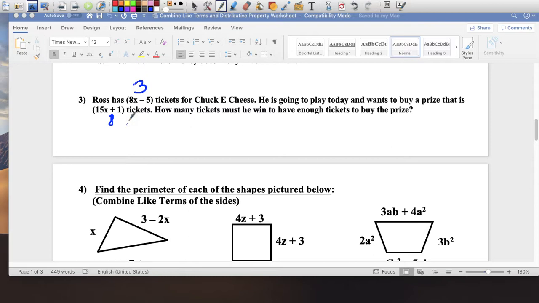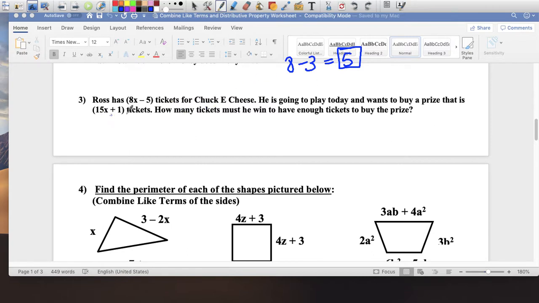How many tickets must he win to have enough tickets to buy the prize? Well, he has 3 tickets right now, and in order to win the prize, he needs 8. So you would do 8 minus 3, and you would tell me that he would need 5 more tickets. So that would be with numbers. Well, we don't have numbers; we have expressions, but the idea is the same.